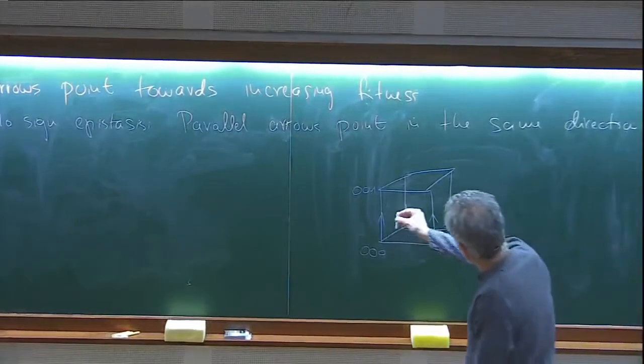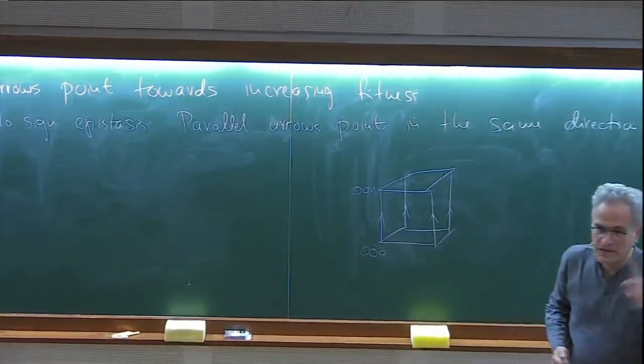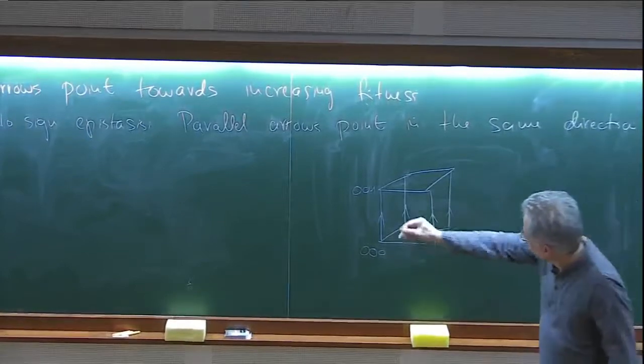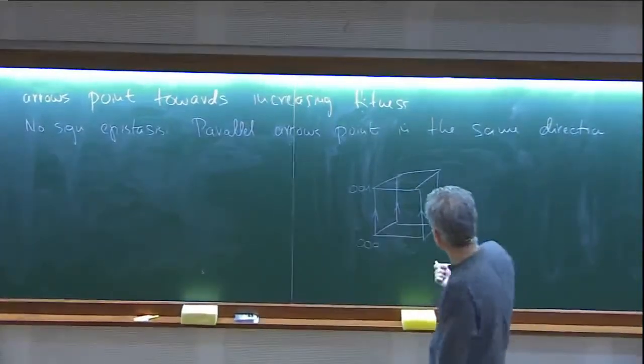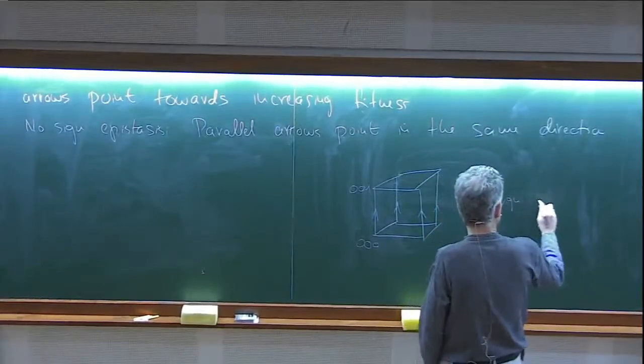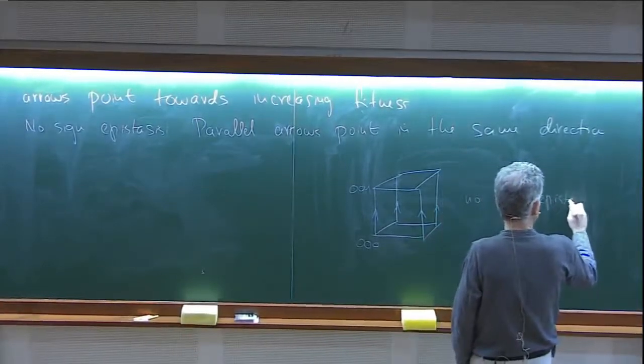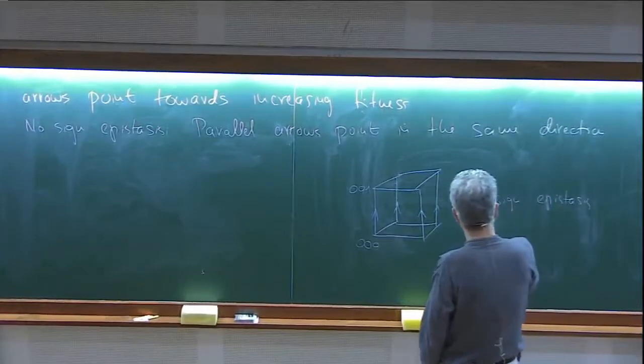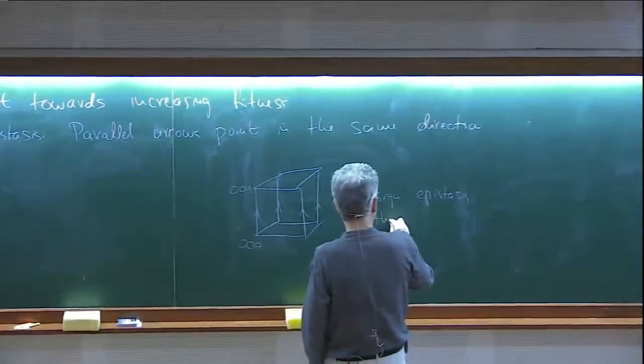So these are sort of the arrows that are parallel transported from the first arrow. So this would mean that there's sort of no sign epistasis at the third locus in this case.